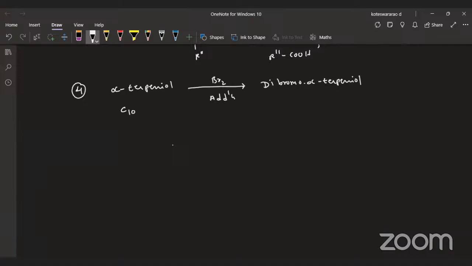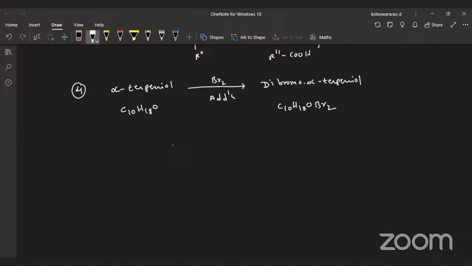Look here. Its molecular formula is C10H18O. Then the dibromo alpha terpinol is a simple addition product.